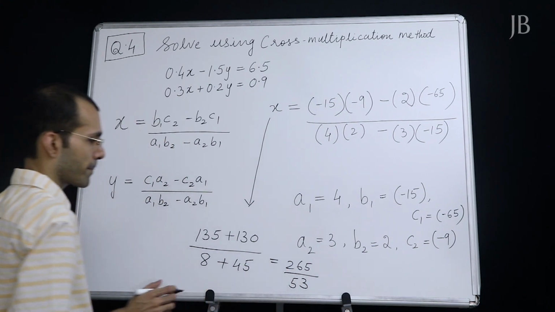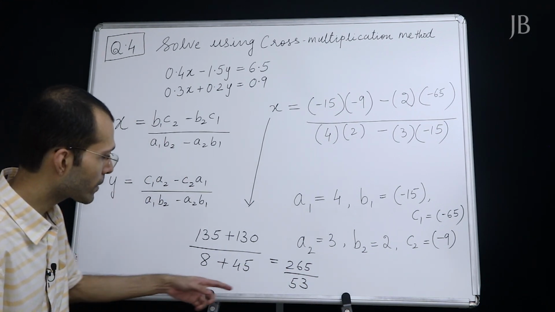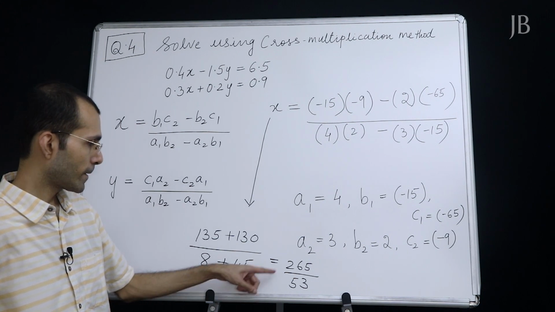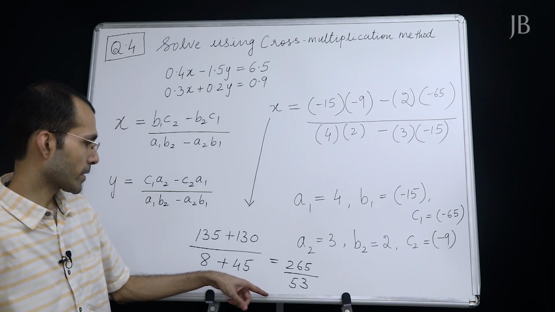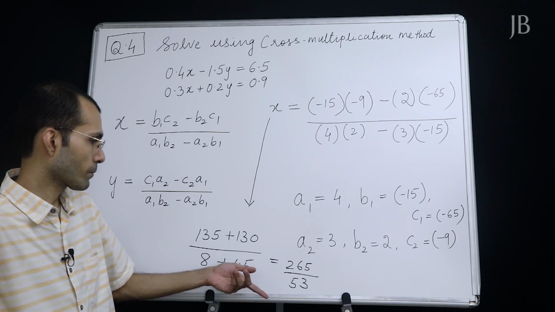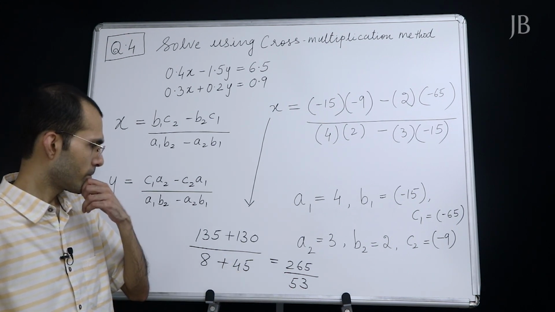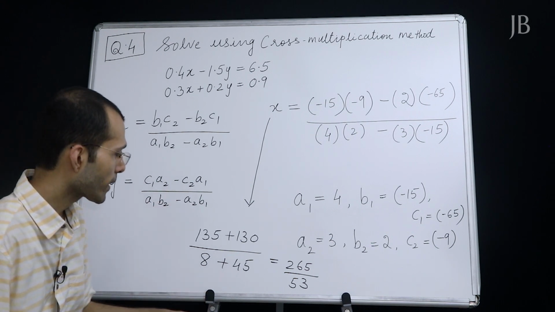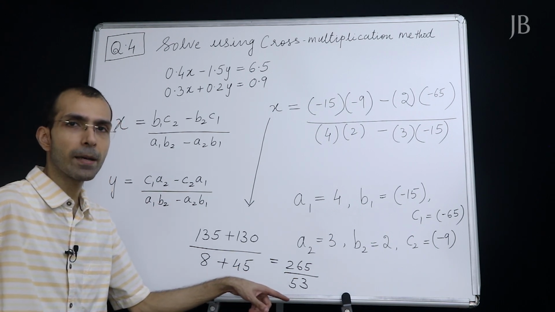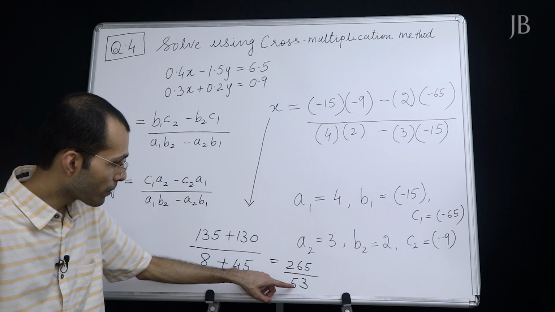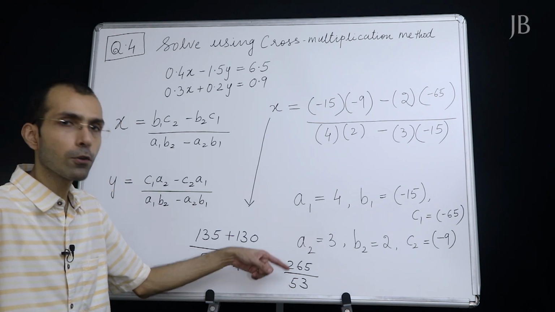Now see, with what can you cancel? Nothing is working out now. 53 is a prime number. So in such a case, the denominator is completely swallowing the numerator.